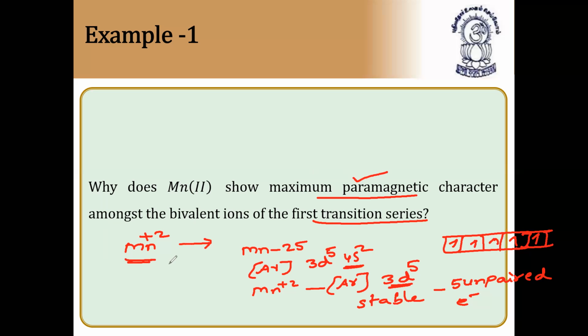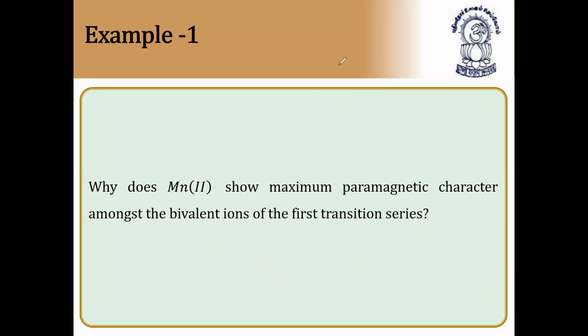The magnetic moment is root of 5 into 5 plus 2, which equals root 35, almost 5.87 Bohr magneton. So that's why it shows maximum paramagnetic character. Please copy down.